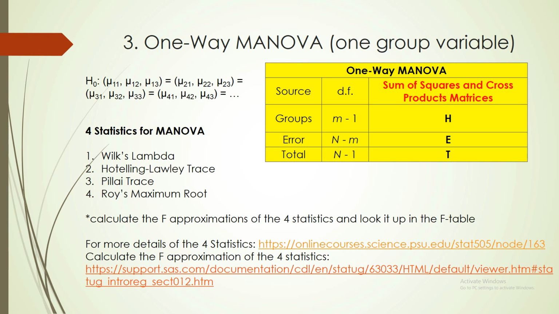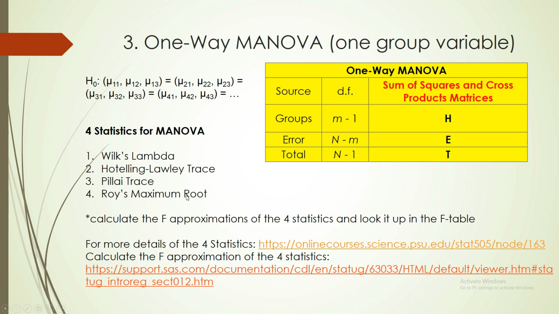Now, because these sum of squares and cross products matrices are matrices, not direct values, we cannot just make a fraction out of them to compare them. It doesn't work like that. So what we do is calculate 4 statistics for conducting MANOVA, and these statistics are used to properly compare these matrices.